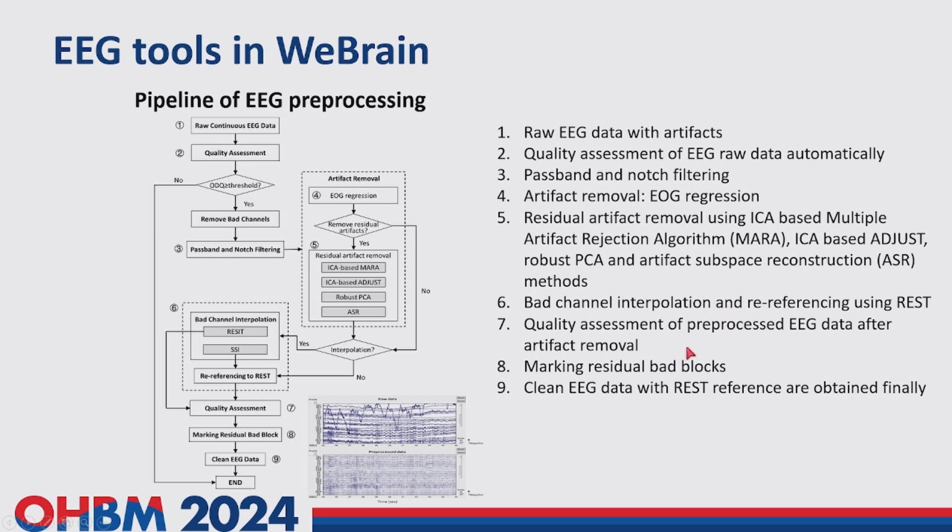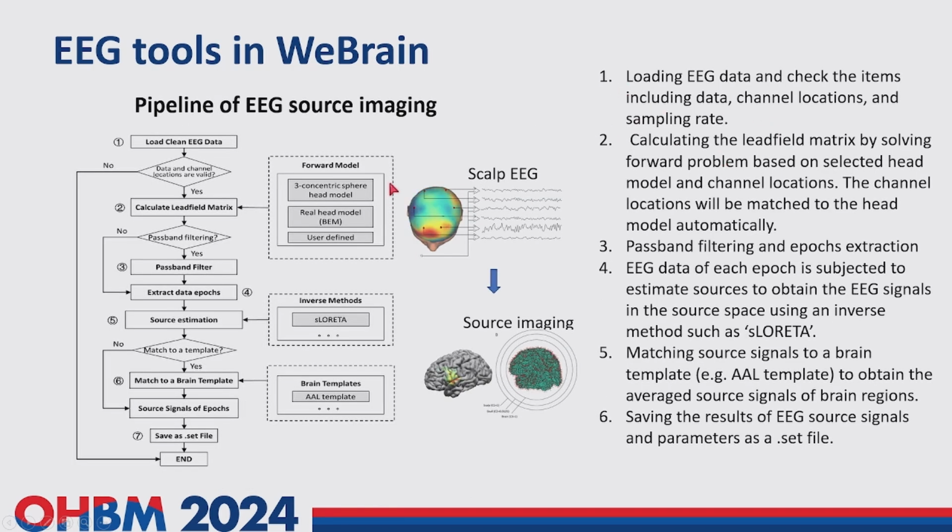Then REST is used for the bad channel interpolation and re-referencing. After that, quality assessment of pre-processed EEG data is performed again, and the residual bad blocks are marked. Then the clean EEG data with REST reference are obtained finally. This is the pipeline of EEG pre-processing. It can be done automatically.